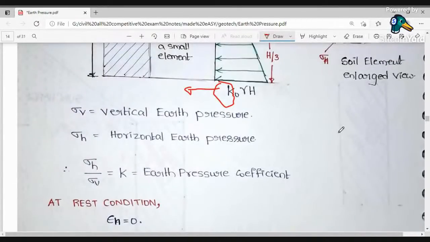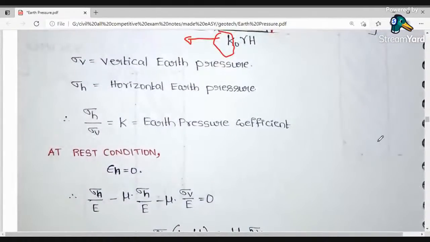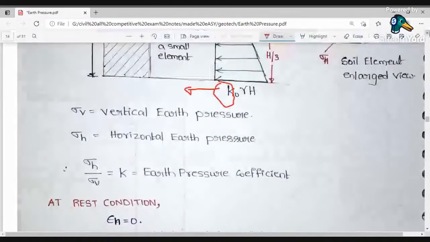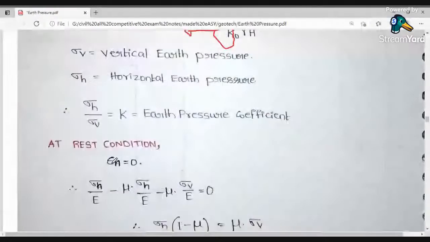Just like the active earth pressure coefficient, the ratio between sigma h and sigma v is equal to the earth pressure coefficient, that is K. Since we are assuming the particular soil element is elastic, we are saying that the strain value is 0. If we derive the strain value, then we get sigma h by E minus mu of sigma h by E minus mu of sigma v by E.